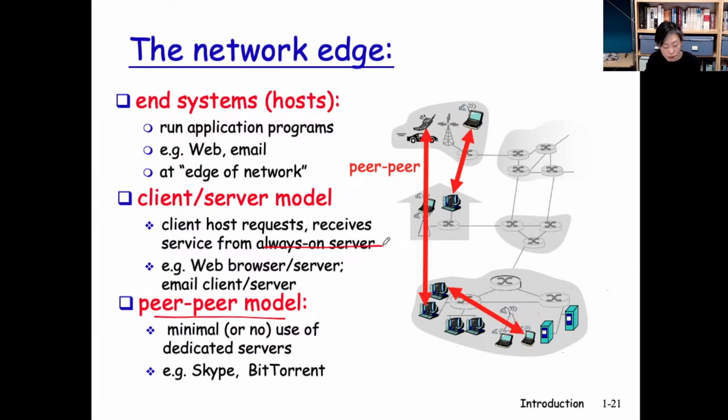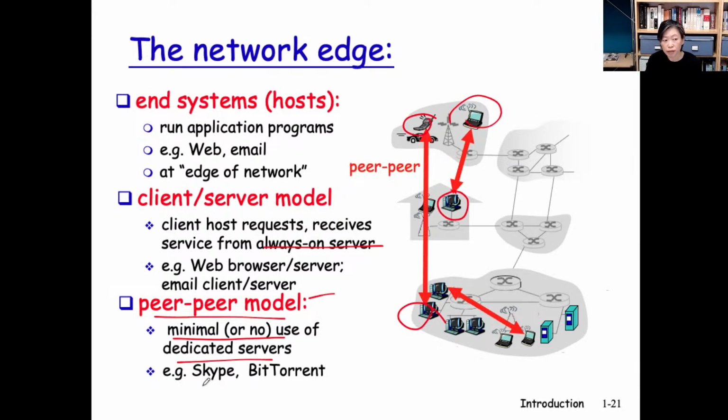But some applications might be more of a grassroots effort, where you can't afford servers, and yet you still want to be able to exchange data. That is what the designers of these peer-to-peer applications are thinking. Let's minimize the use of high-end dedicated servers, and instead have smartphones, laptops, desktops connect directly as peers, one to another.